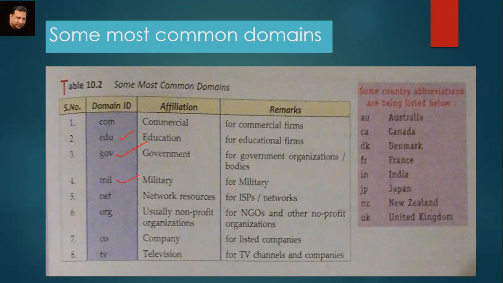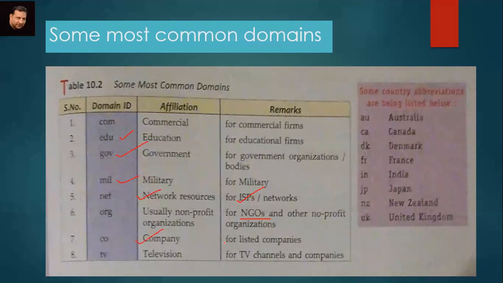If it is MIL, military. Similarly, we have net for those websites which are related to network resources, like for internet service providers or some networks. ORG, usually for non-profit organizations such as NGOs and other no-profit organizations. If a domain contains CO, it stands for company.